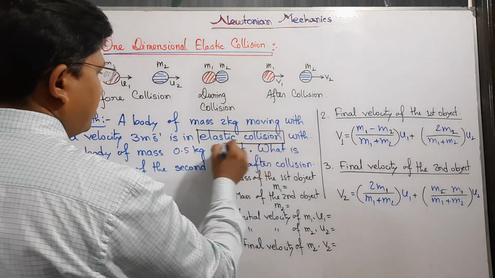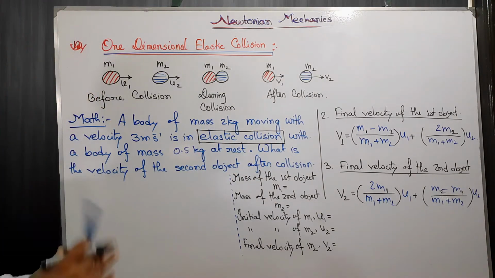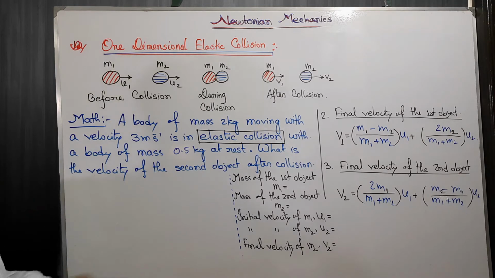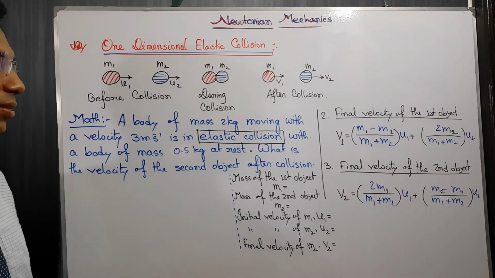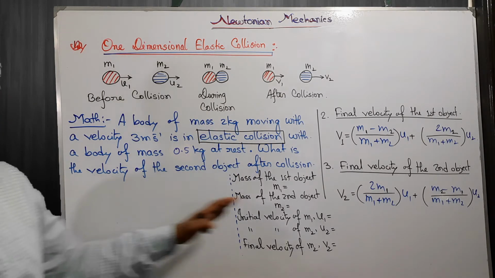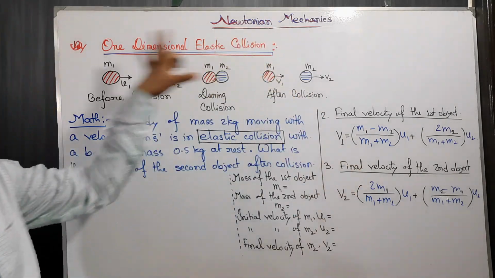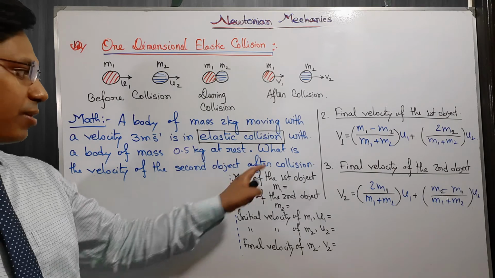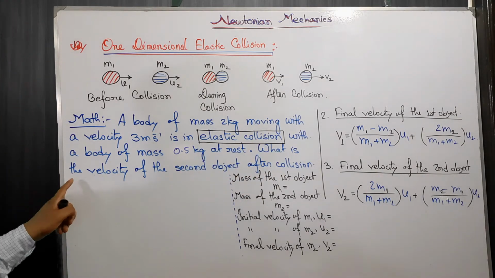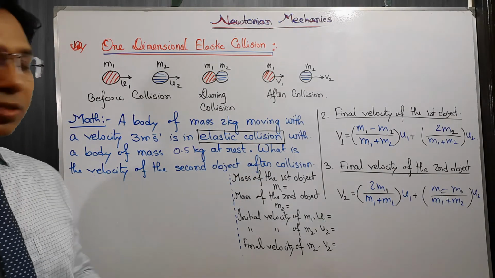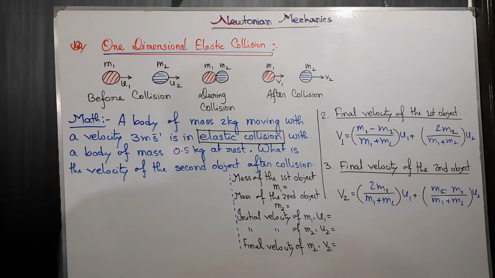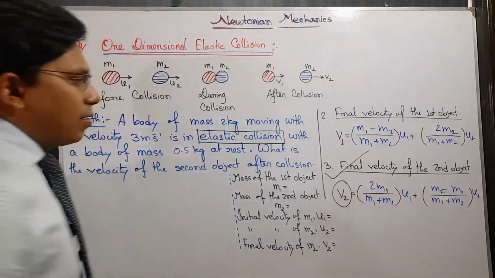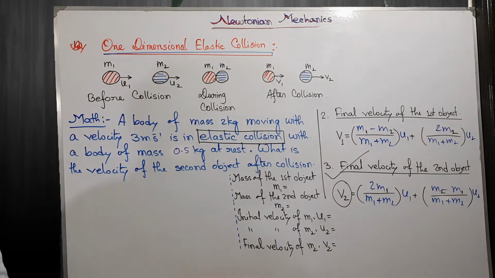When you observe this line clearly mentioned in your problem, any hint of elastic collision, then we consider this type of equation and this type of phenomenon. A body of mass 0.5 kg is at rest. What is the velocity of the second object after collision? That means our requirement is the equation for the velocity of the second object.